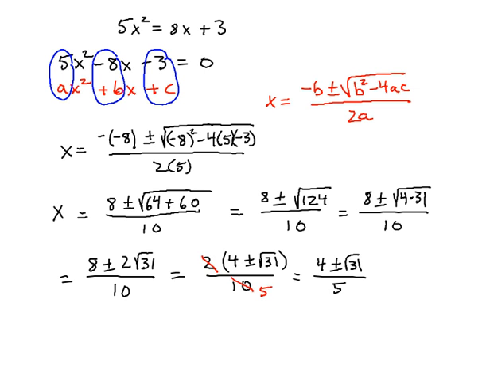I could also approximate this in my calculator. 4 plus the square root of 31 over 5 is approximately 1.91, or the other solution, 4 minus the square root of 31 over 5, which is approximately negative 0.31.